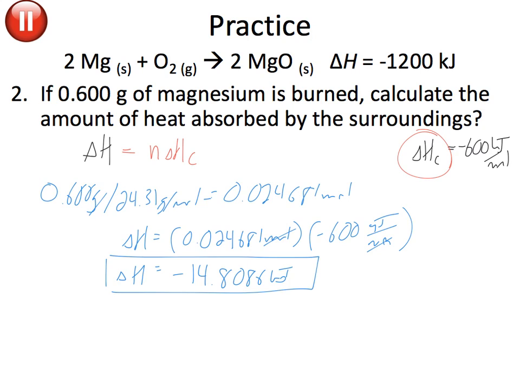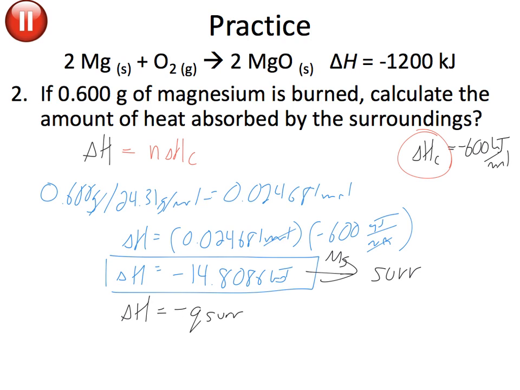So if this is being lost by the magnesium, where is this going to go? Well, if it's being lost by magnesium, it's going to go into the surroundings. Remember what our equation was a few lessons back, that delta H is equal to the negative Q of the surroundings. So if magnesium lost this much heat, the surroundings must be able to pick it up.